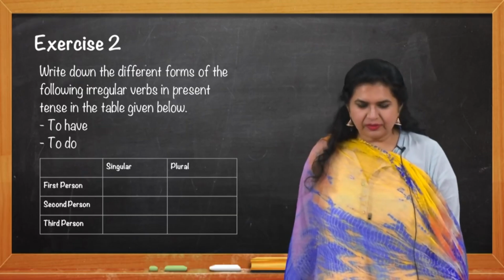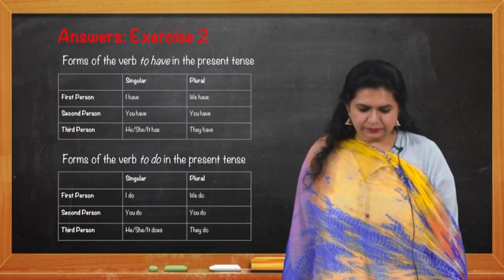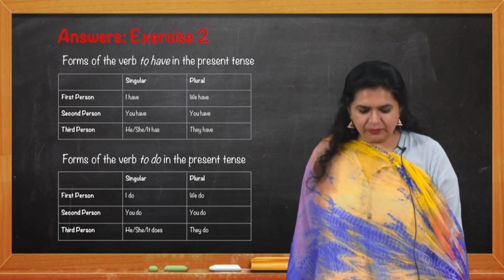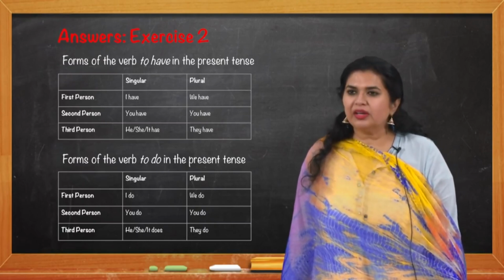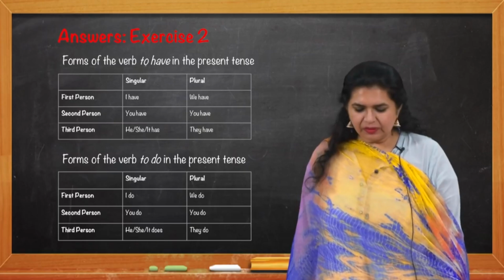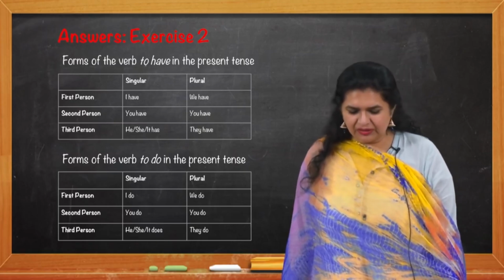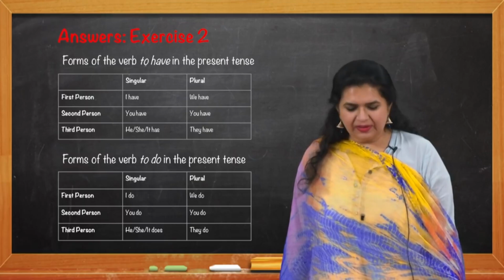Look at the solved exercise here. Forms of the verb to have in the present tense: first person I have, plural we have. Second person you have, plural you have. Third person singular he, she, it has, and plural they have.